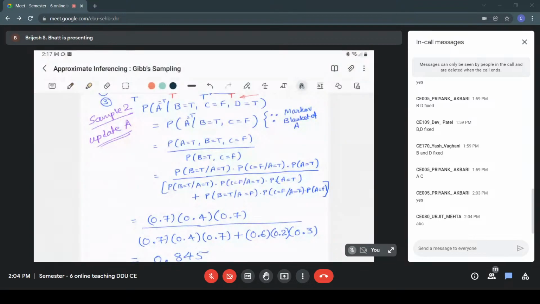Exactly. So now you got the idea clearly. Because B and C are not marginally independent, they are conditionally independent given A. So to calculate the probability distribution, we have to bring in A in your formulation. That is called marginalization over A.